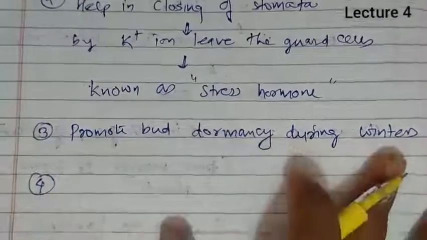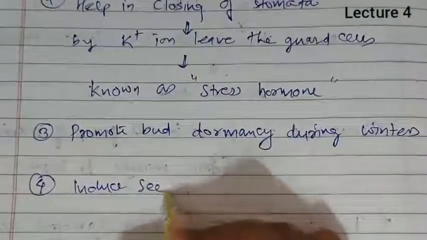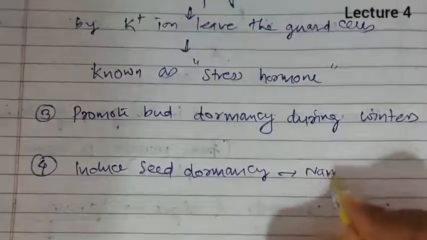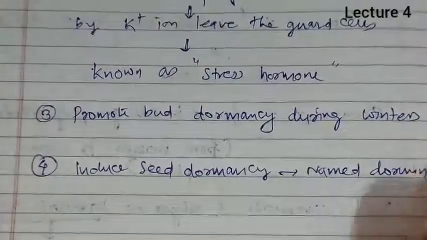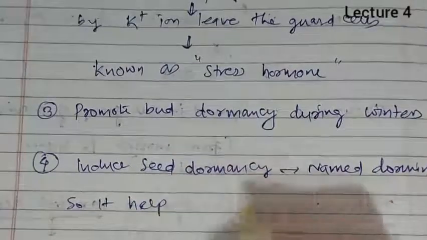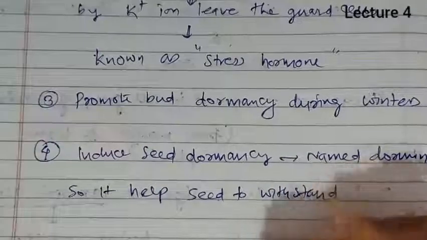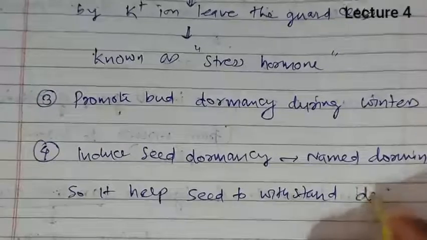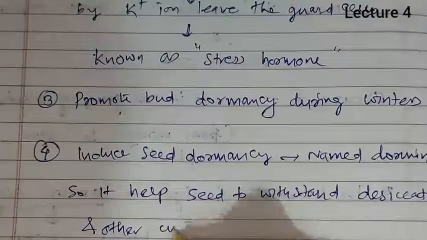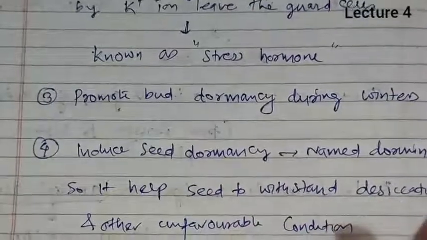And fourth, it induces seed dormancy, hence it is named dormin. It helps seeds to withstand desiccation and other unfavorable conditions.